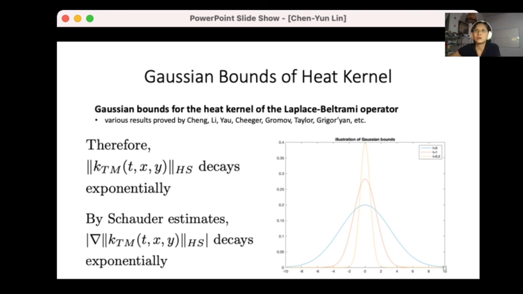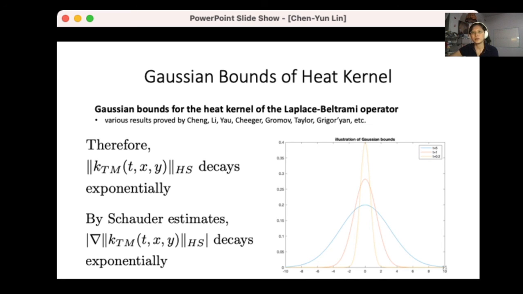By Kato's inequality, we can then see the Hilbert-Schmidt norm of this differential operator, the heat kernel operator, decays exponentially. And moreover, using the Schauder estimates, we can also see its gradient decays exponentially.